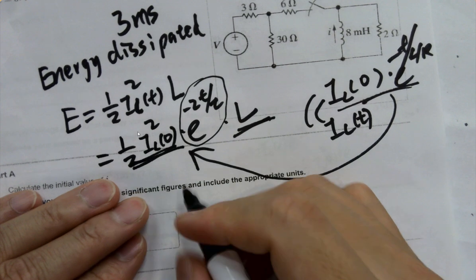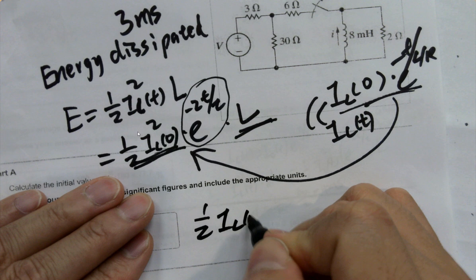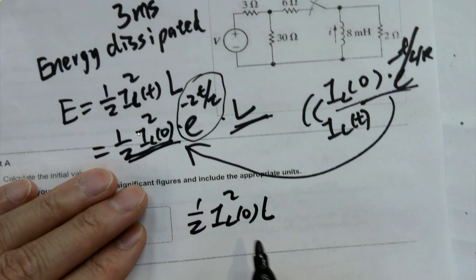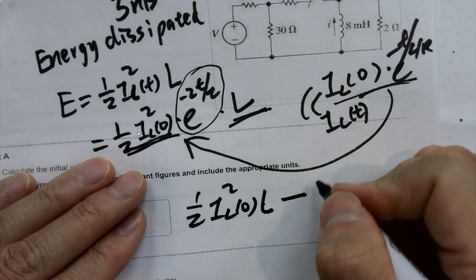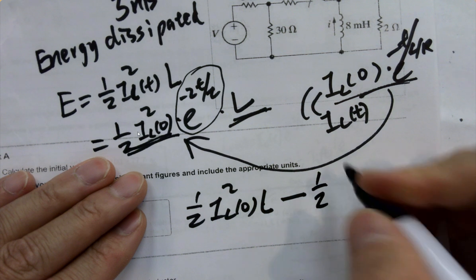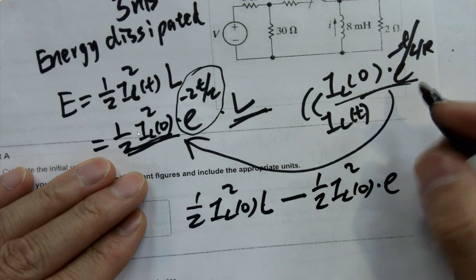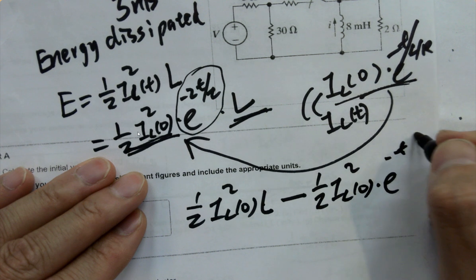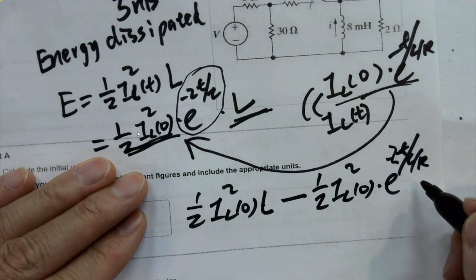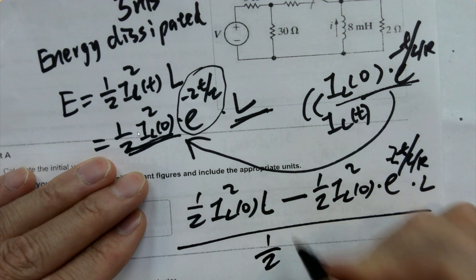So what you're actually doing is, because the initial energy stored in there is a half IL0 squared times L, that's the initial one, you subtract whatever you have now, which is the current energy, divided by the initial energy.